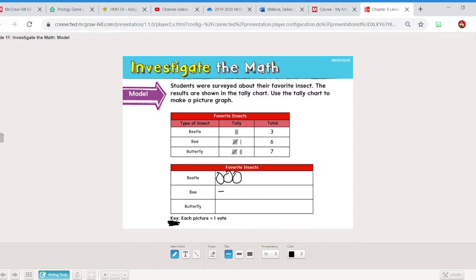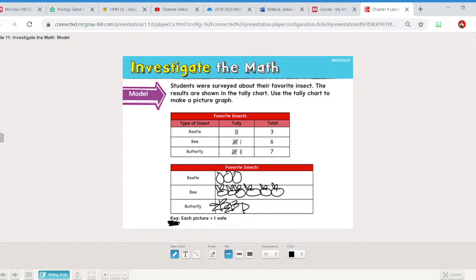With this pen, it's a little harder. Let's see if I'm a little better at bumblebees. I'm going to try my best to line them up so we can measure. And 7 butterflies.